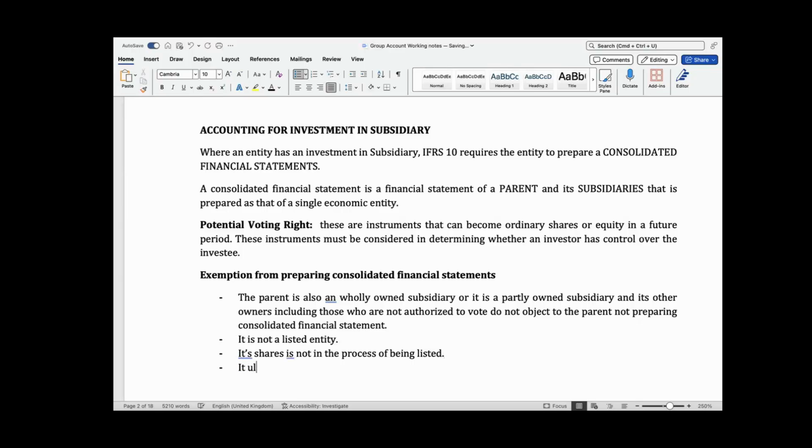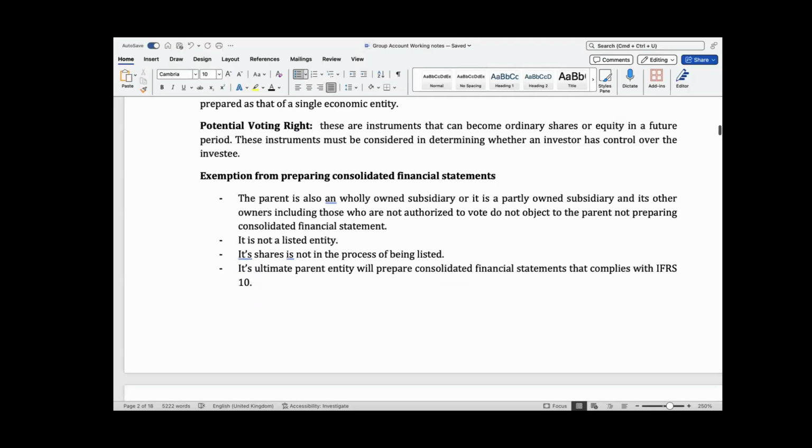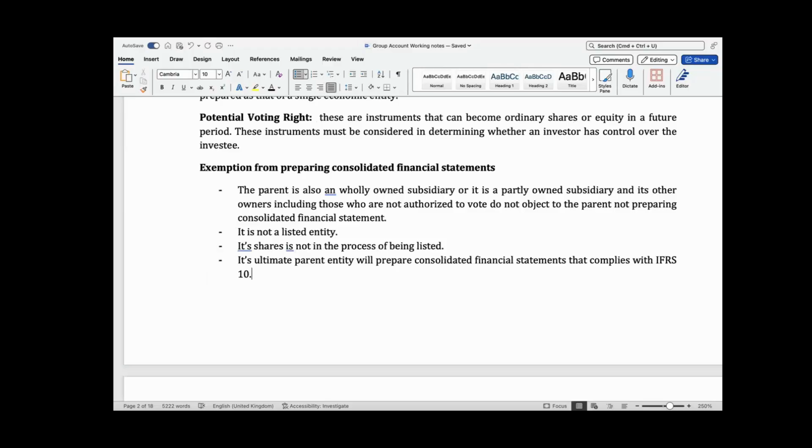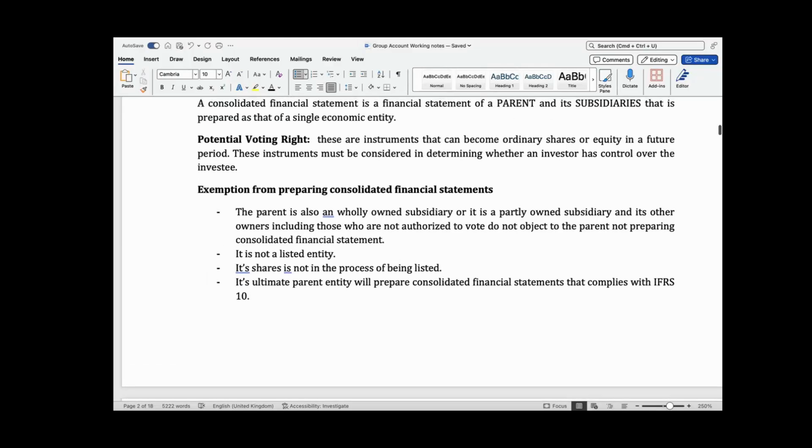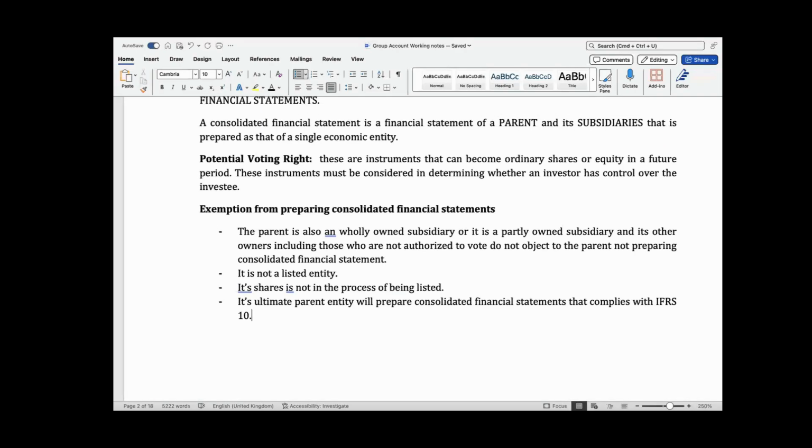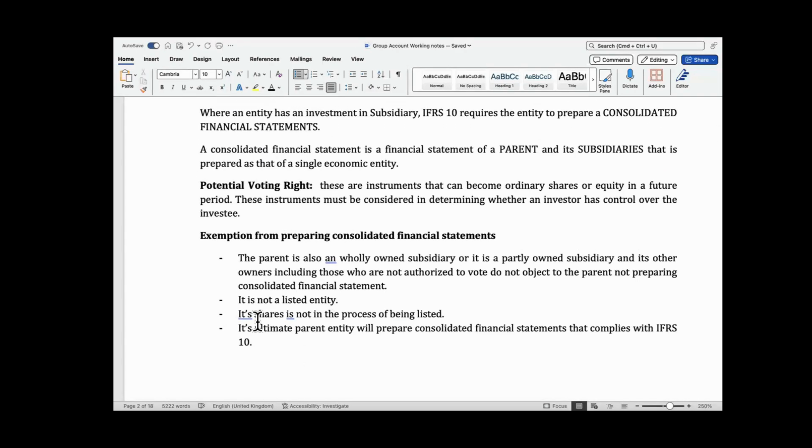And also, its ultimate parent entity will prepare consolidated financial statements that comply with IFRS 10. So if any of these exists, you're exempted. You don't have to prepare consolidated financial statements. Leave the stress to your ultimate parent entity. Let him do the preparation. You don't prepare.